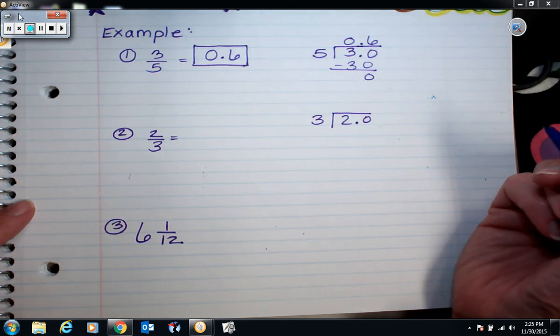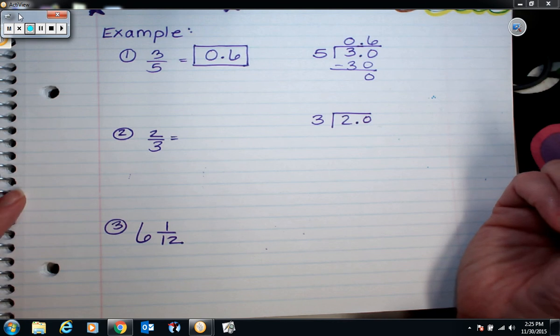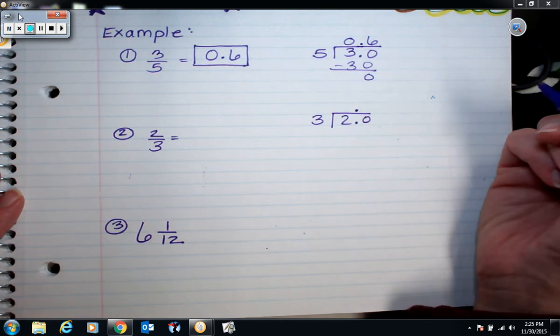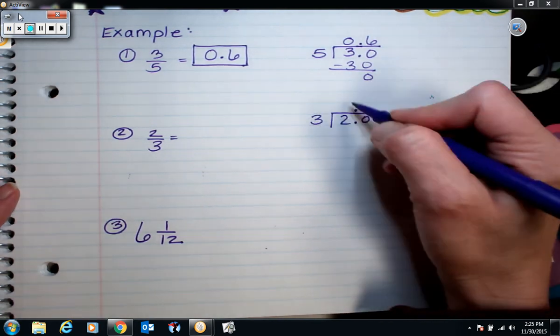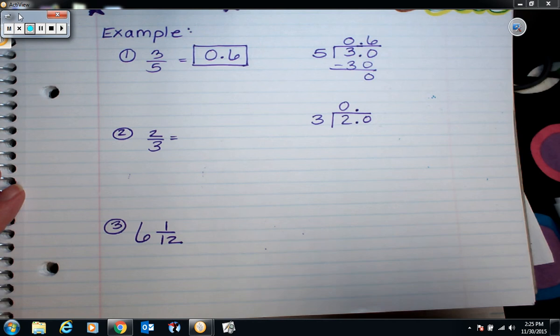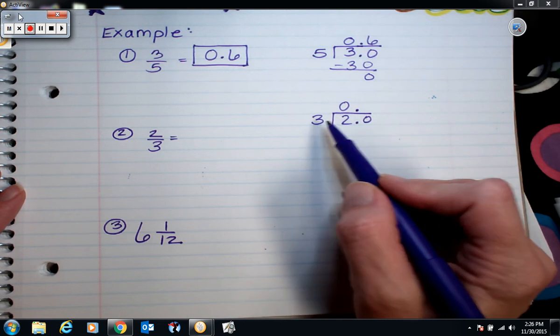My dividend is still 2, but it gives me another digit, 0, to work with. So I'm going to bring that decimal straight up into my quotient. I'm going to remember all of those rules about dividing with decimals, and 3 goes into 2 0 times, and I want to make sure and hold that ones place with that 0. Remember, when you divide with decimals, it's really important to keep everything lined up so that you don't make mistakes with place value.